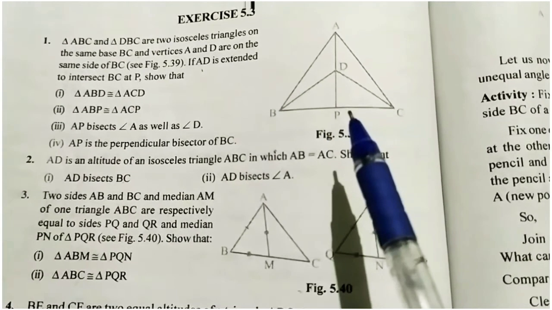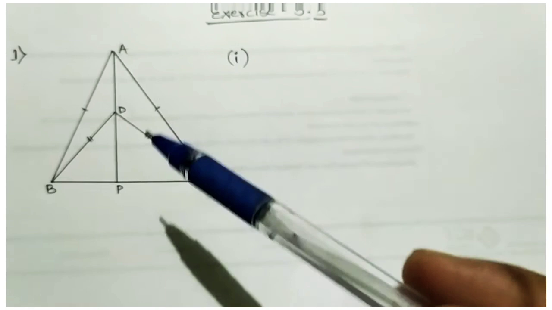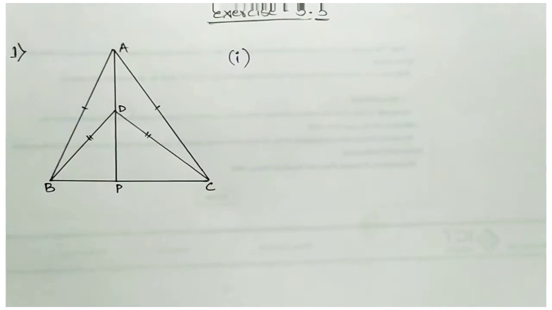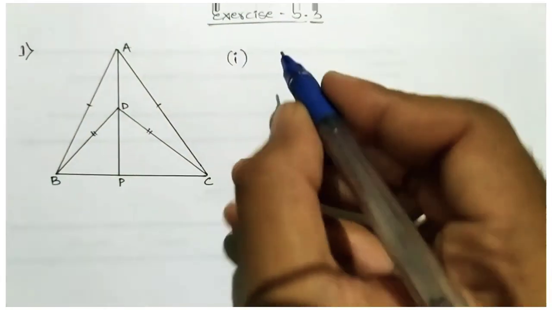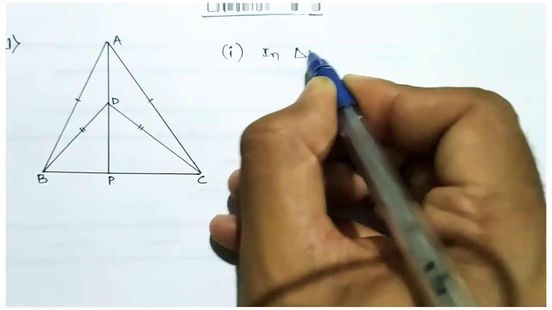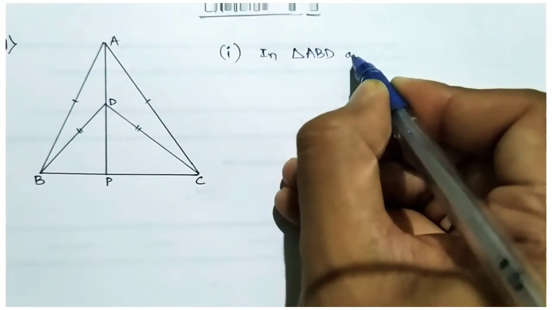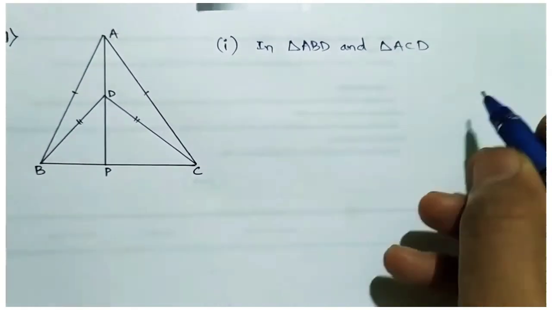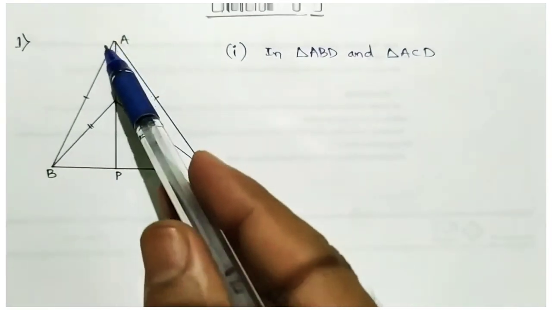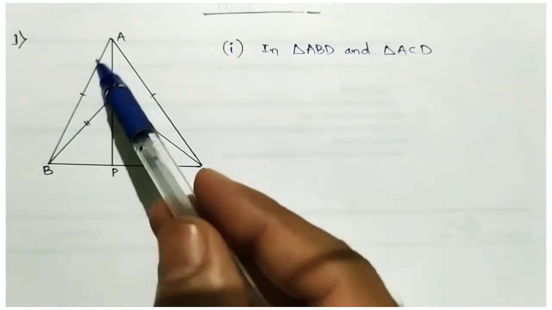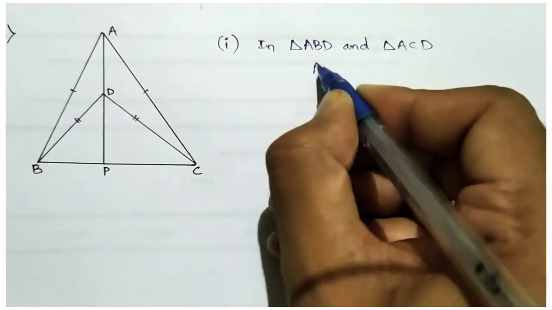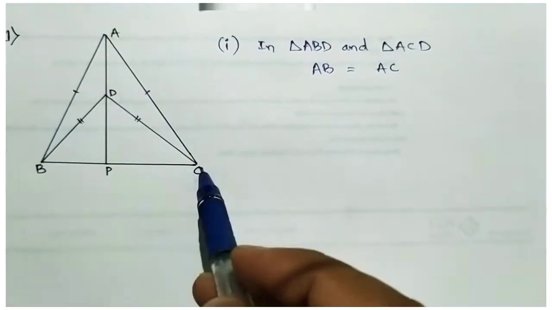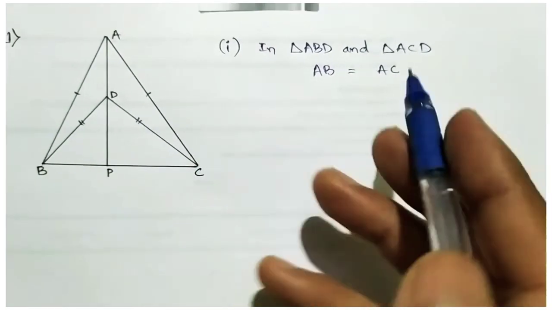Let's do it. So for the first question, read the diagram neatly. For the first thing, what do we have to show? Triangle ABD, write that, and another triangle they have given, ACD. So first thing here, in ABD and ACD, we get AB equal to AC, because ABC is an isosceles triangle, that's why two sides are equal.